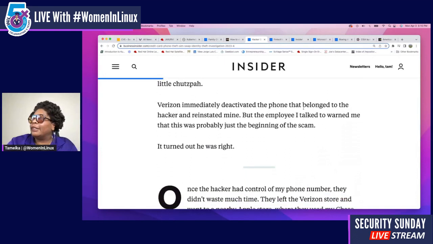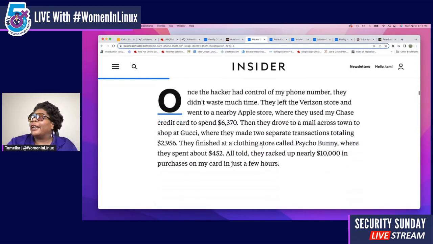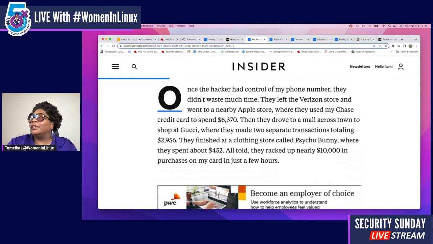Verizon immediately deactivated the phone that belonged to the hacker and reinstated mine, but the employee I talked to warned me that this was probably just the beginning of the scam. It turned out he was right. Once the hacker had control of my phone, they didn't waste much time. They left the Verizon store and went to the nearby Apple store where they used my Chase card and spent $6,370.